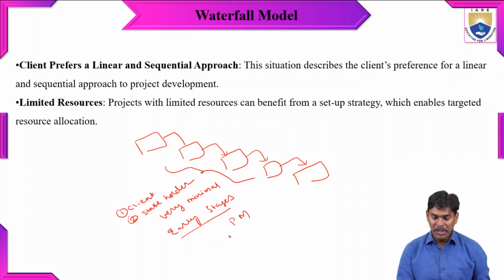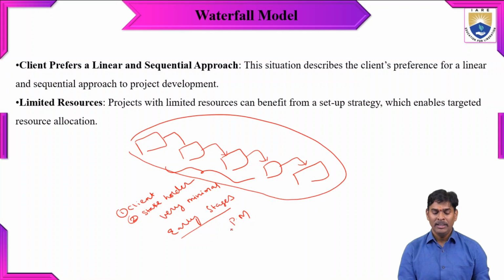After completion of all the phases, the clients or stakeholders get involved to see the actual output of the product or project. So the client prefers only the linear and sequential approach. That's why the waterfall model is mainly helpful for small and medium projects.